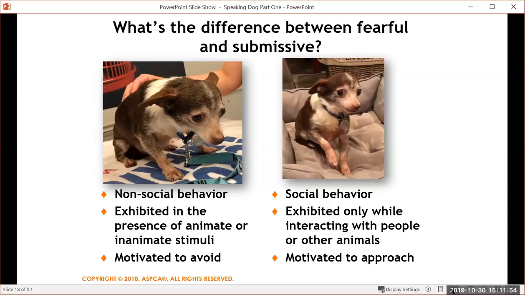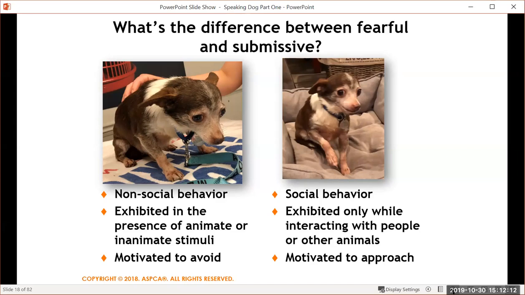Well, the dog in the photo on the left, he's being touched, and the dog is afraid of being touched. So what you tend to see is non-social behavior. The dog is not actively engaging the person. He's looking away.